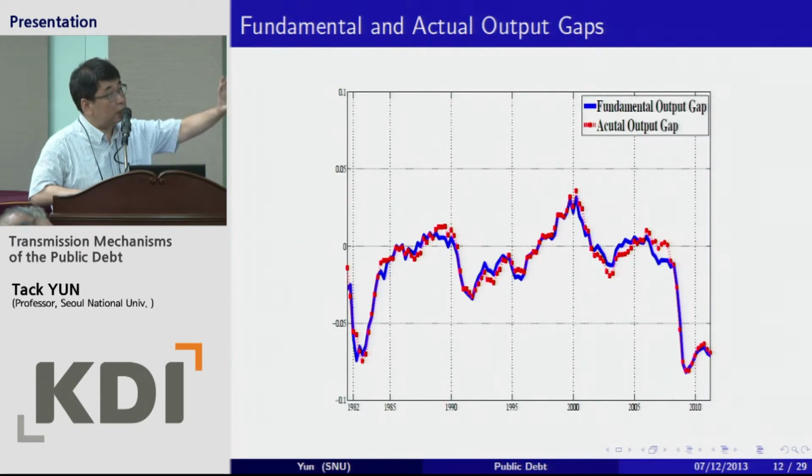As you see here, the blue line represents the model-based output gap, which comes from the IS curve restriction, and the actual measure of the output gap is the red dotted line. So the model-based output gap mimics the actual output gap closely. That is my result for the estimation of the IS curve.